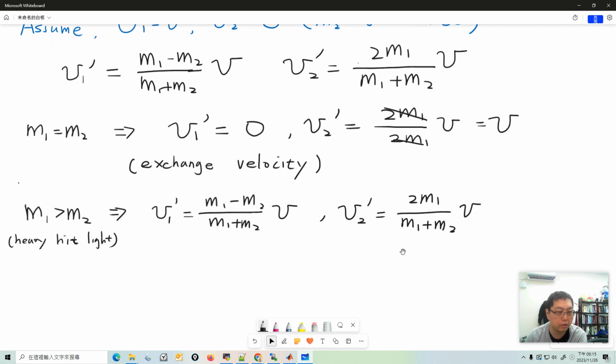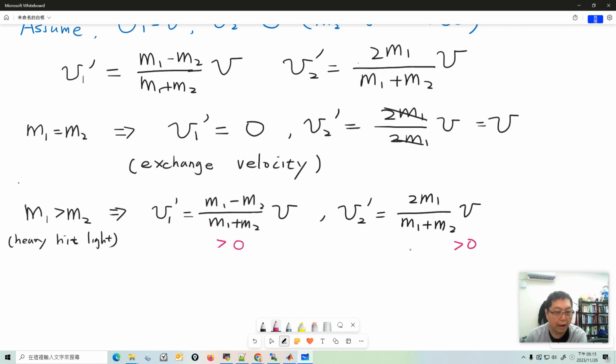All right, when a heavy car hits a light car, what I want to see is that this term is greater than zero. And this term, of course, is all positive, so it is greater than zero.